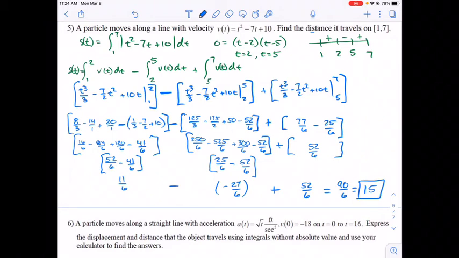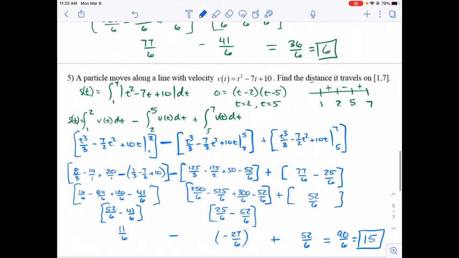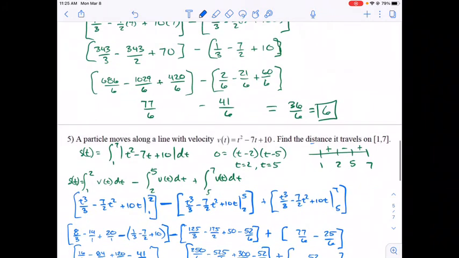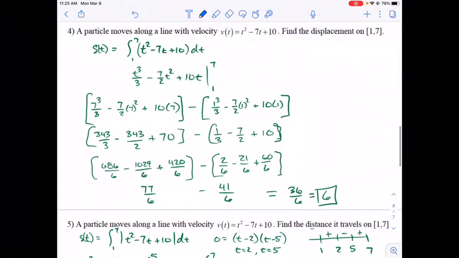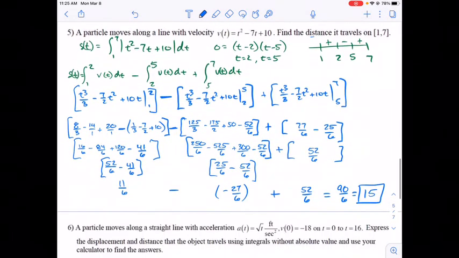If we look at each section, I put it in blue so we can separate it. The first one we're going to integrate, and we're going to evaluate it from 1 to 2. You have to do most of the work here, but because this is the same function we did before, we know that when we evaluated 1 in the last problem, we got 41 over 6. So the right side, as we evaluate it for 1, is going to be 41 over 6.